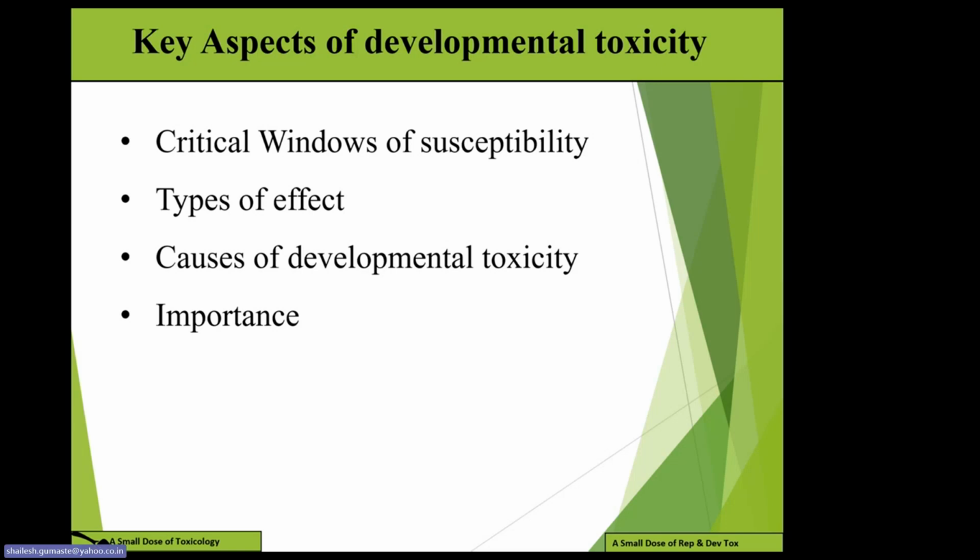These studies help identify hazardous agents and inform the risk assessment process. By studying developmental toxicity, researchers, scientists, and regulators work to mitigate risk and protect vulnerable populations, particularly pregnant individuals and children.